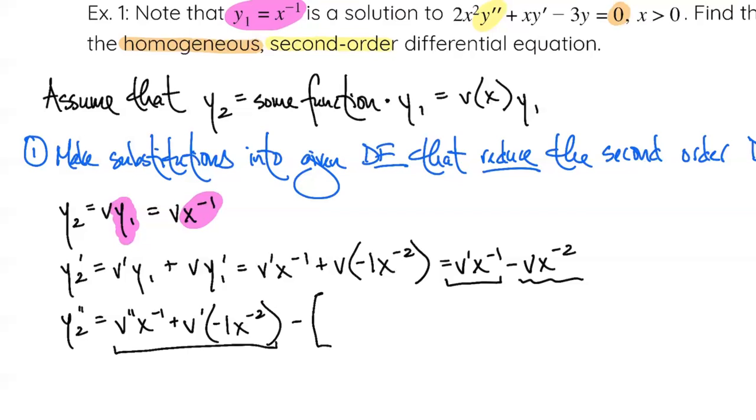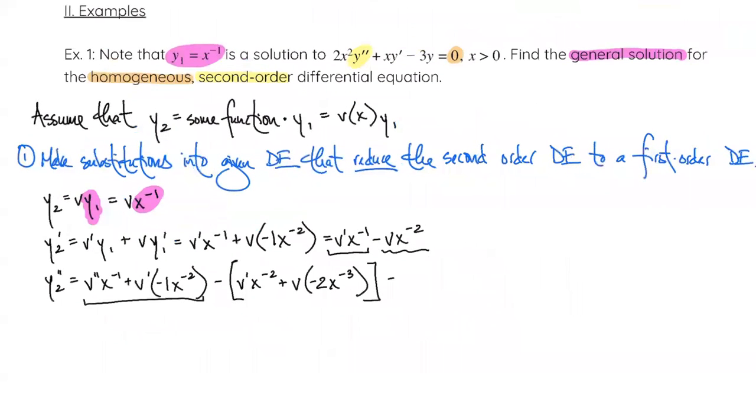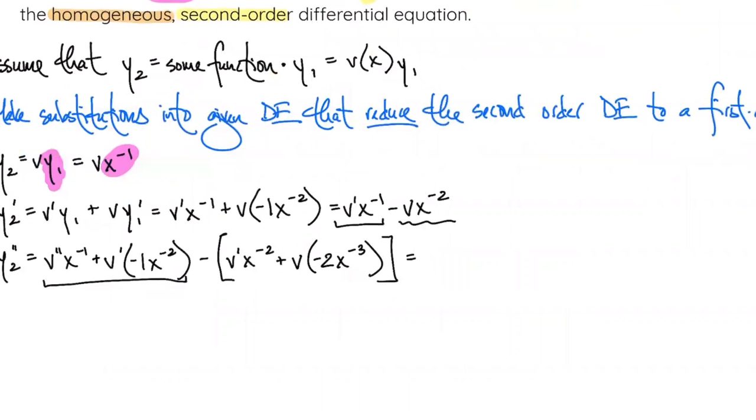And if I don't do brackets, I'm likely to distribute incorrectly. Okay. All right, so my derivative here will be v prime x to the negative 2 plus v negative 2x to the negative 3. Let's rewrite this. Let's see if we have any like terms, and let's group them. So we have v double prime x to the negative 1 minus v prime x to the negative 2 minus v prime x to the negative 2.